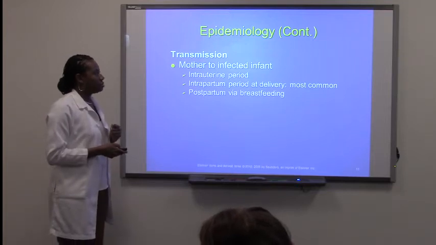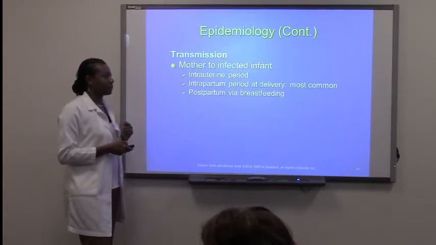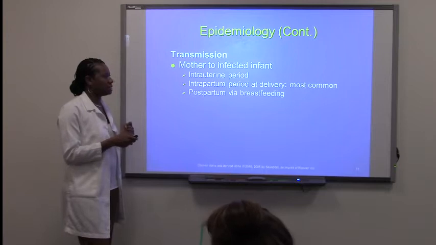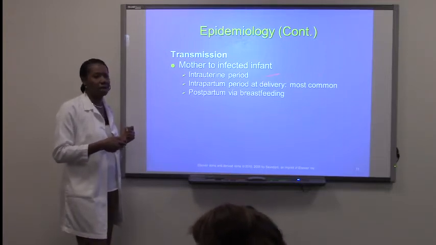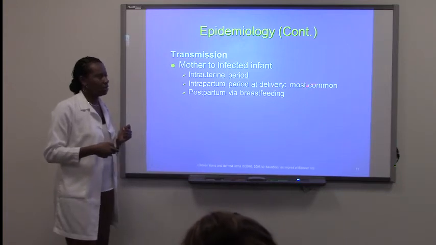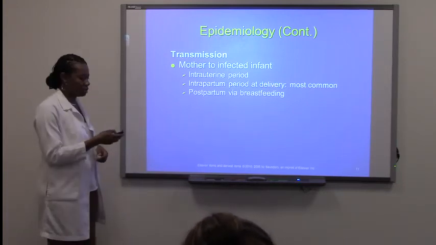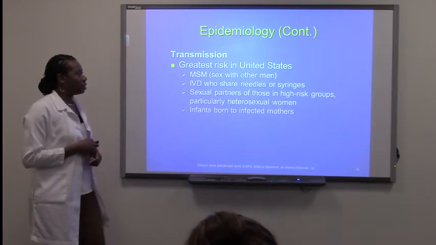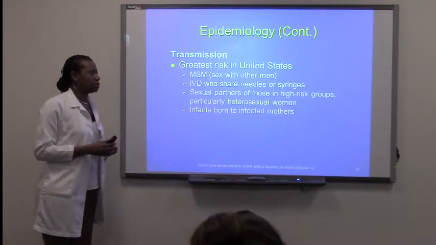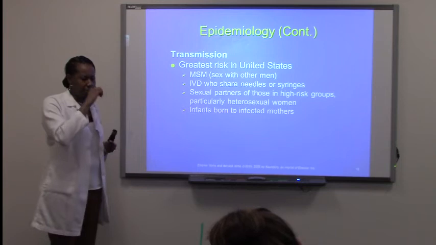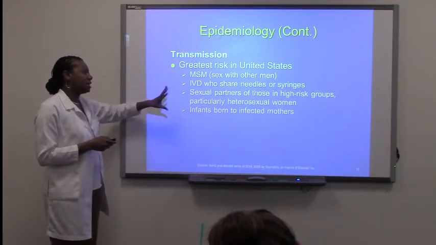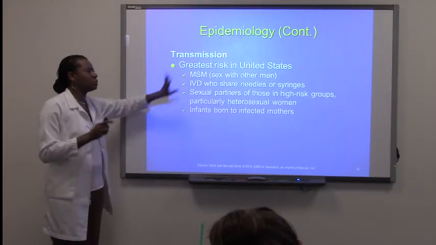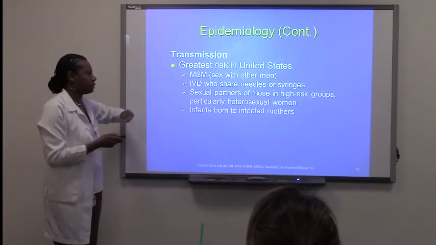Okay. So mother to baby, we all know that this can happen, and they say intrapartum, which is the period at delivery, is actually the most common, because there is obviously more blood during delivery. So the greatest risk in the U.S., what they do say is individuals with sex, and here I'm just going to say all types of sex. Okay, we'll just leave it at that.